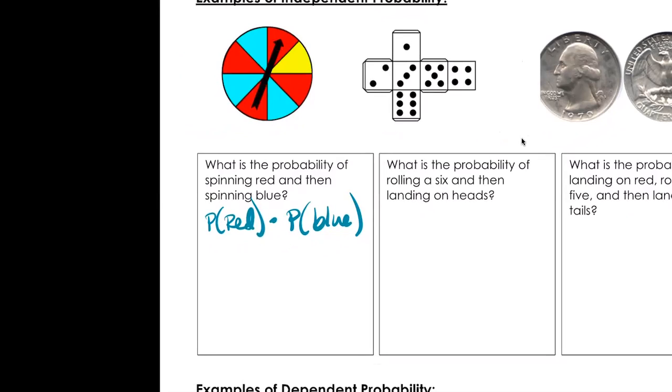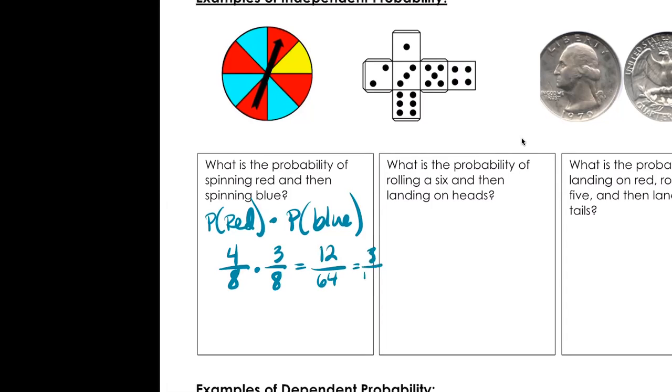So probability of red is 4 out of 8 times blue. There are 1, 2, 3 blue sections out of 8 sections altogether. So 3 out of 8. We're going to multiply. Now you can multiply across, 4 times 3 is 12, 8 times 8 is 64. And then you'd have to just simplify that and you get 3 out of 16.